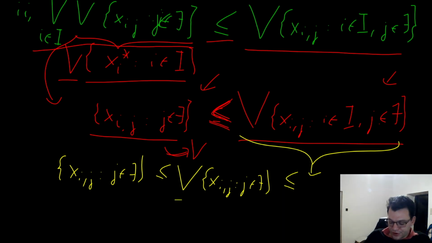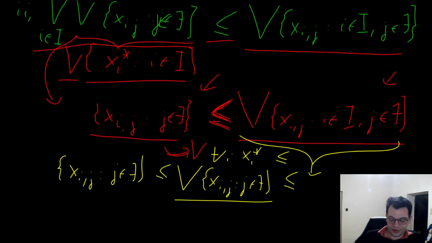And this holds for each i. For each fixed i, we have that the row-wise suprema are each smaller than or equal to those guys. So for each i, we have that xij is smaller than or equal to xi star, is smaller than or equal to this guy, because xi star was the notation for this innermost part.